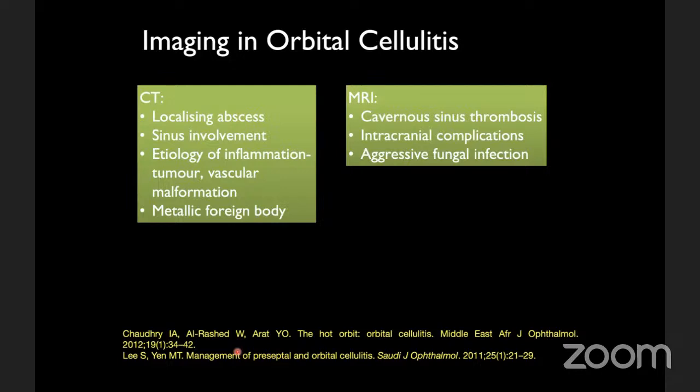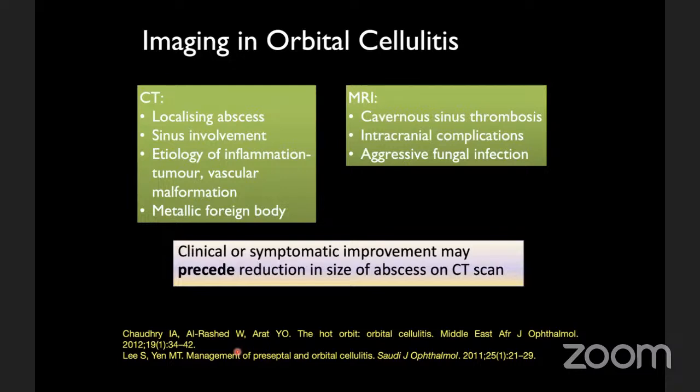And when you are suspecting a long-standing infection which is not responding to routine antibiotics, you would also look at fungal infections. To rule that out, MRI would be a better option. Clinical or symptomatic improvement may precede reduction in the size of the abscess on CT scan. That is also important to note.